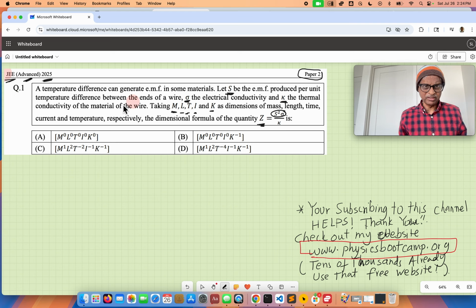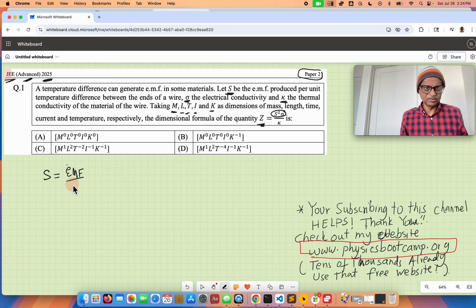And this is a dimensional analysis question. You can see all the dimensions. S is EMF over temperature difference.